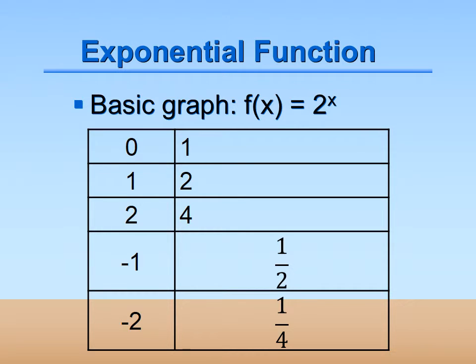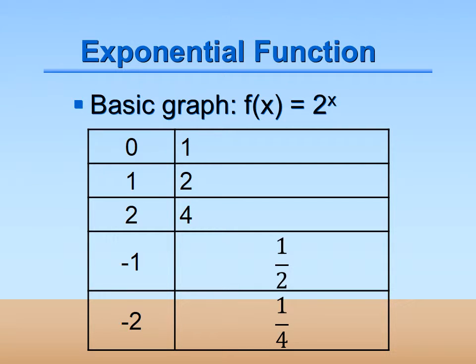And if we were to look at this graph and plug it into our calculators, and we would say 2 to the x, and look at the graph, we would notice that it's going up rather quickly. But we also notice that we will not have any negative y values.